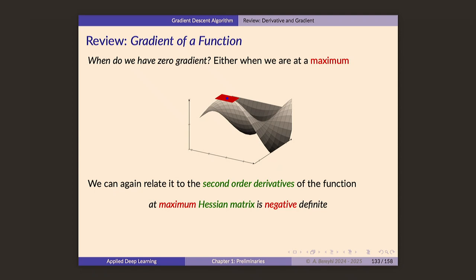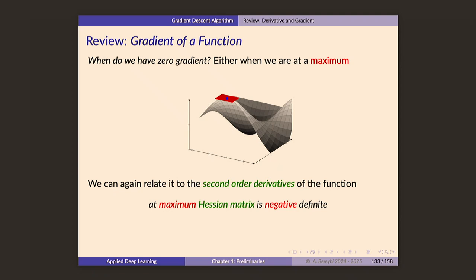Because if you get on the top, it's again flat, right? So if you get a plane and touch this top, it's going to be exactly parallel to your W plane, right? And then moving in any direction is not going to change anything, right? So the change is going to be 0. So one case is when you have the maximum, right?